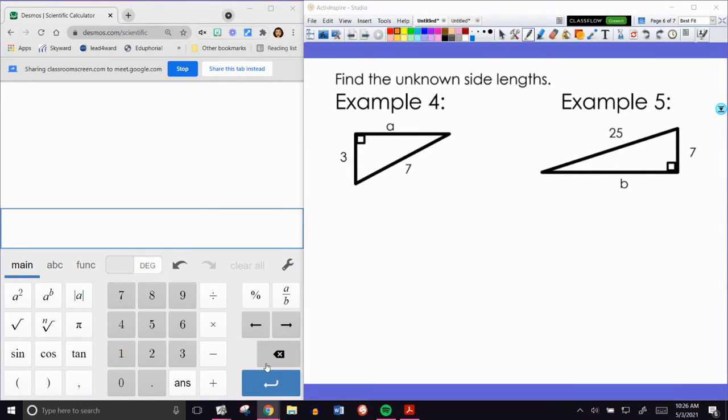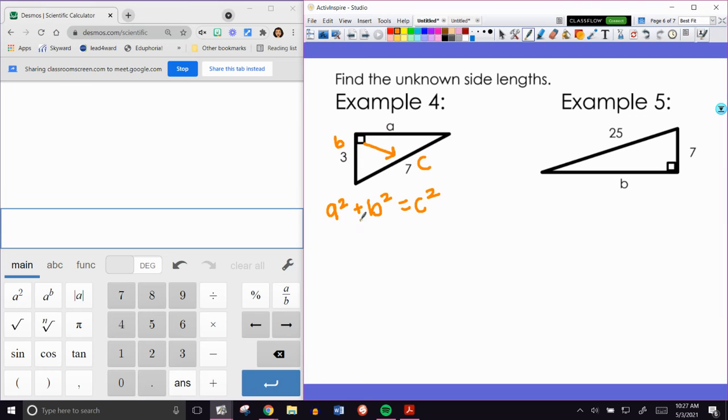All right, so moving on to example number 4. On this one, when we draw our arrow from our right angle, we can see that this one points to our C. All right, and on here it says that we're looking for A. So if I'm looking for A, I know that 7 is going to be C, then that means 3 is going to be my B. So I'll have A squared plus B squared equals C squared.